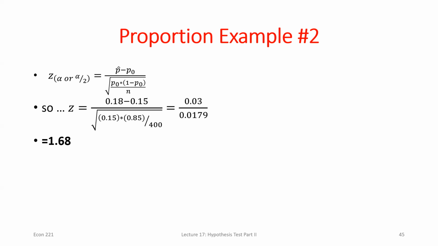So I would reject at the 10% and 5% significance levels, but it's not in my rejection region for that alpha of 0.01, so I fail to reject at that 1% significance level. Okay.